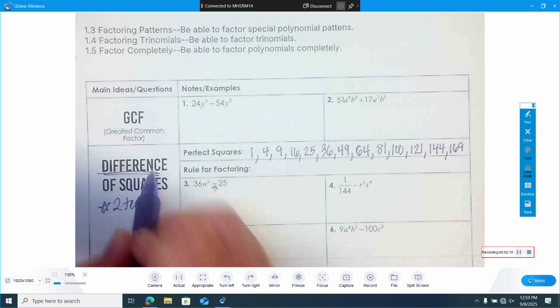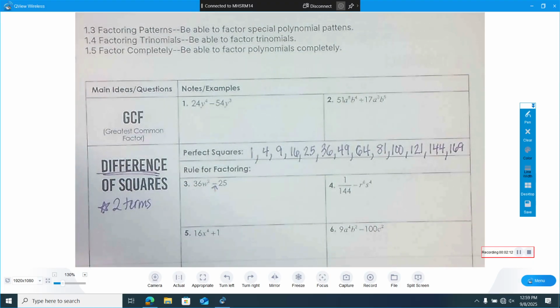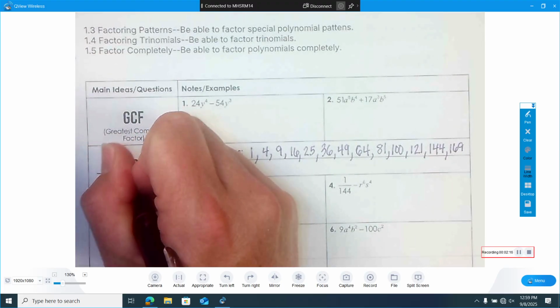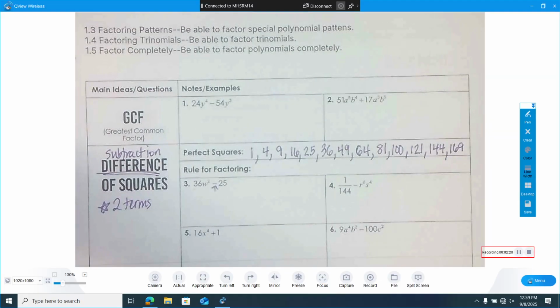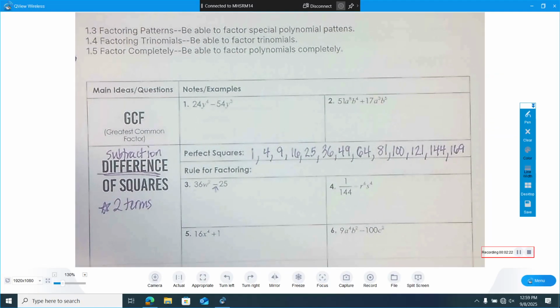That's what the difference is referring to. Difference means it must be subtraction. Does it work with addition? No, it's a difference of squares, not sum of squares, okay?